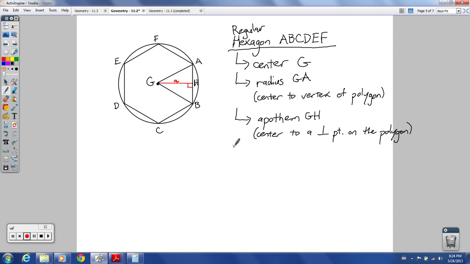And finally, the central angle, well, it's an angle in the center. It would be AGB. You could say BGA as well. It would be an equivalent way to say that. Central angle is angle AGB.